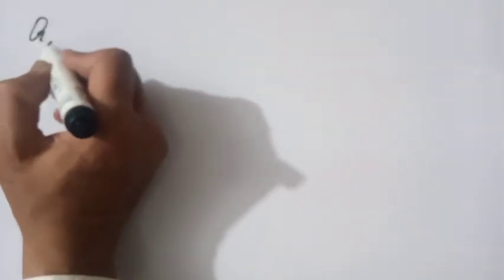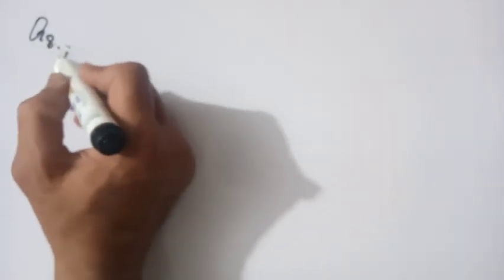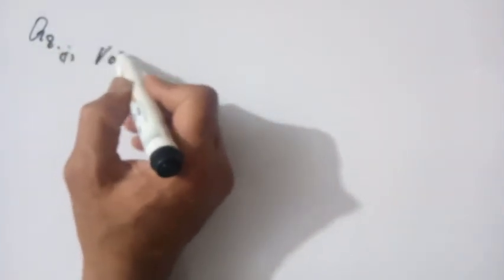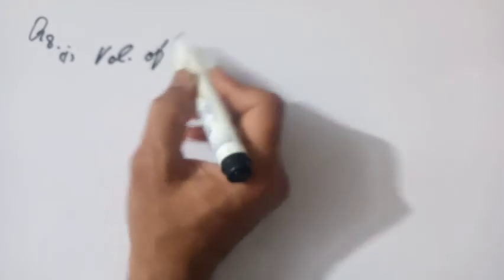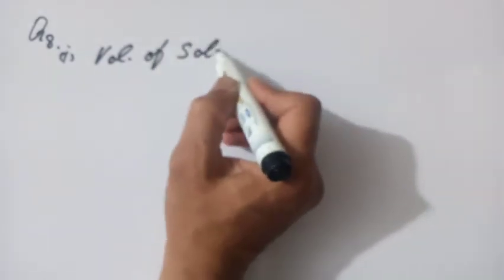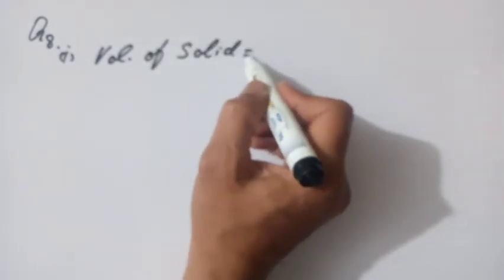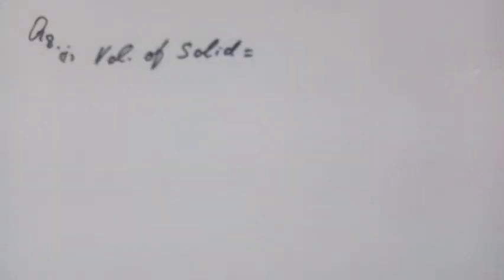Question number 8, part 1, volume of solid equal to, ये देखिए वॉल्यूम फाइंड आउट करने के लिए हम बेस एरिया मल्टीप्लाइड बाय हाइट ऑफ द प्रिज्म, वही तरीका तैयार करेंगे.